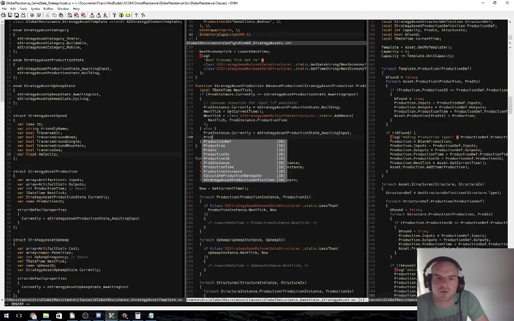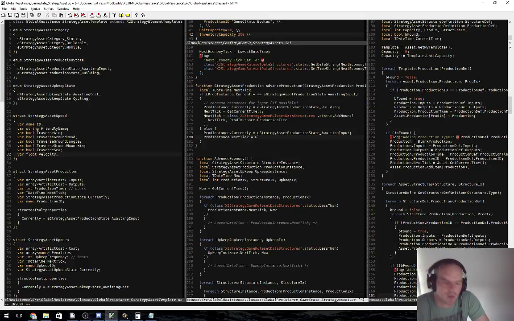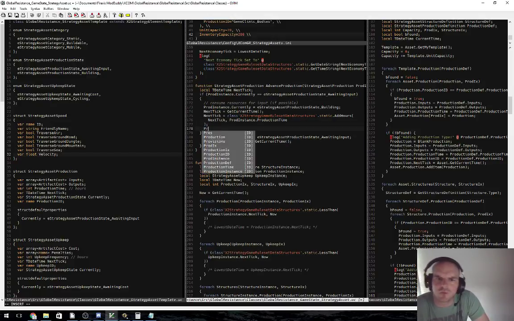And then the prod instance next tick equals get current time. So I'll go under the assumption that we don't want to execute this every time, so we'll do this and then it will reset. So prod instance dot next tick equals next tick.